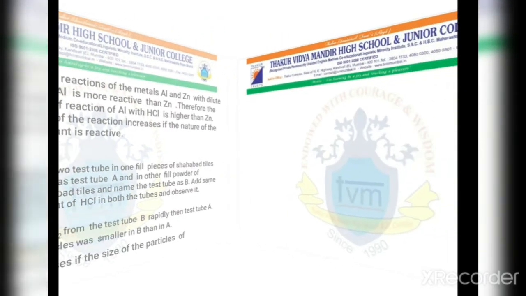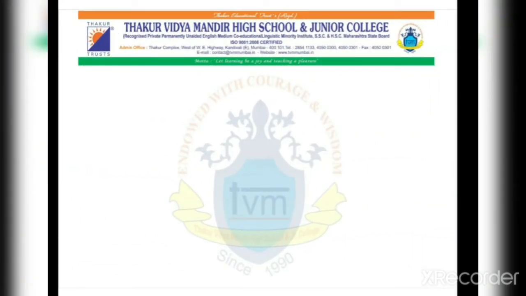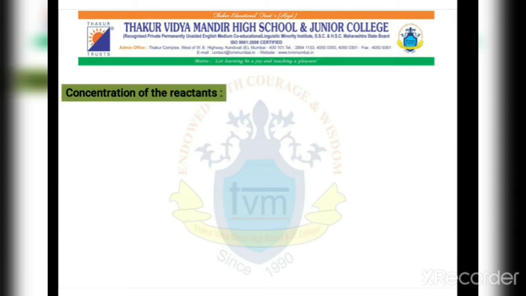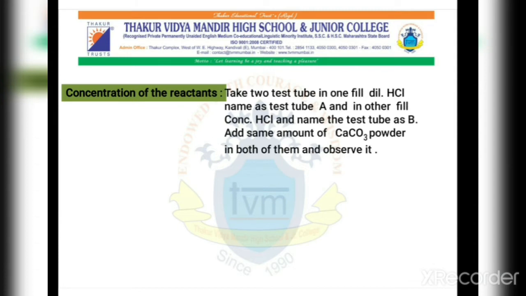The third factor which affects the rate of the reaction is the concentration of the reactants. If the reactant is more concentrated, the reaction will be carried out faster. If the reactant is less concentrated, the reaction will take more time. For example, take two test tubes, same as the earlier one.